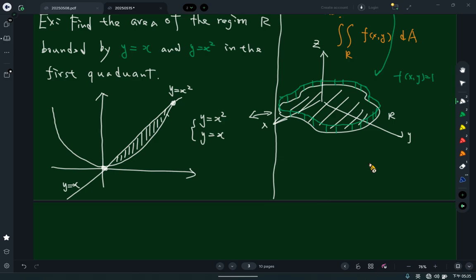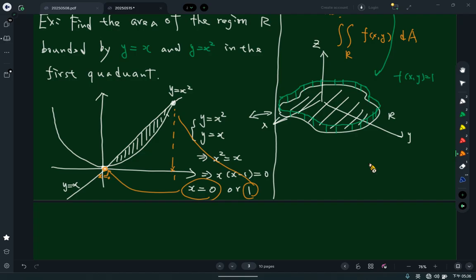So we can have x squared is equal to x. Then we can factorize them to have this one. So x is equal to 0 or 1, right? We can understand that x is equal to 0 is this point, and x is equal to 1 is this point, right? Then we also can get y is equal to 0, and this point is y is equal to 1.